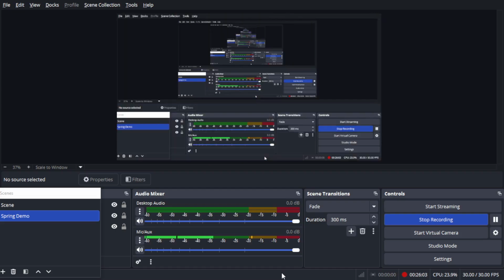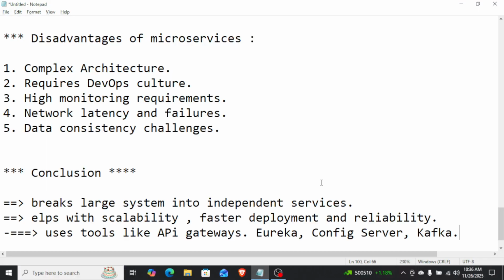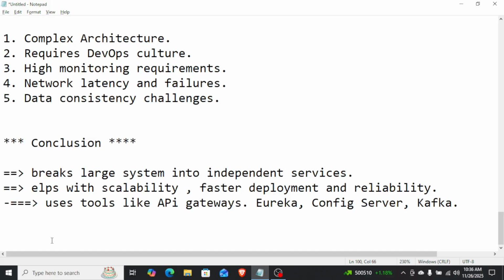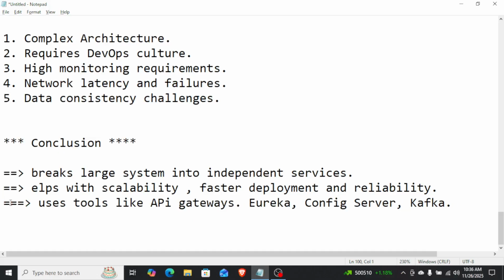So these are the conclusions of our microservices system.